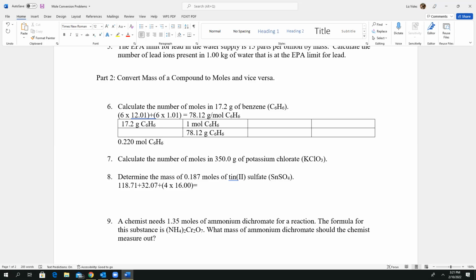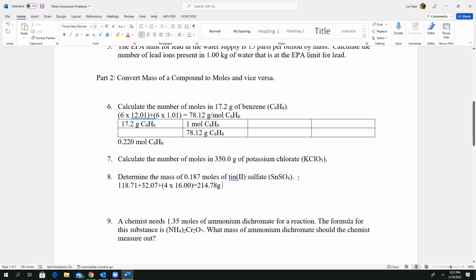All right, so now we do the molar mass. That gives me 214.78 grams of tin 2 sulfate.